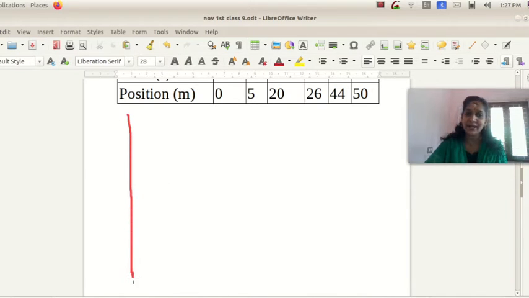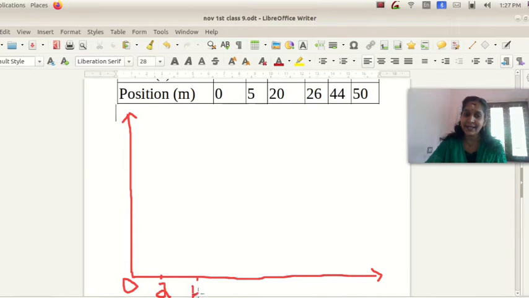So I am drawing. At the origin we should mark the 0, isn't it? After that 2 seconds, after that 4 seconds. This distance should be equal. But I have no graph paper, so I am drawing like this. Please adjust with it.